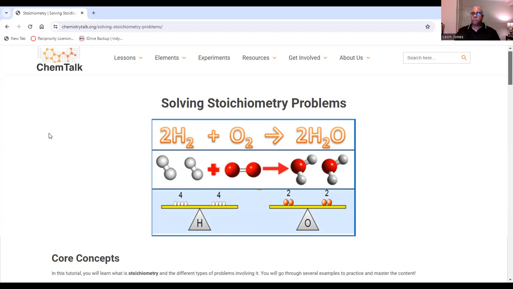Now, does everybody know what H2O is? H2O is water, two hydrogens, one oxygen. Now, what is H2O2? H2O2 is hydrogen peroxide. One of the aspects of solving stoichiometry problems is you have to learn how to balance equations.